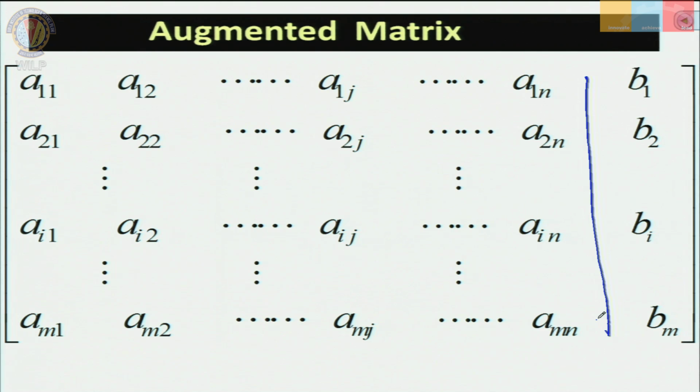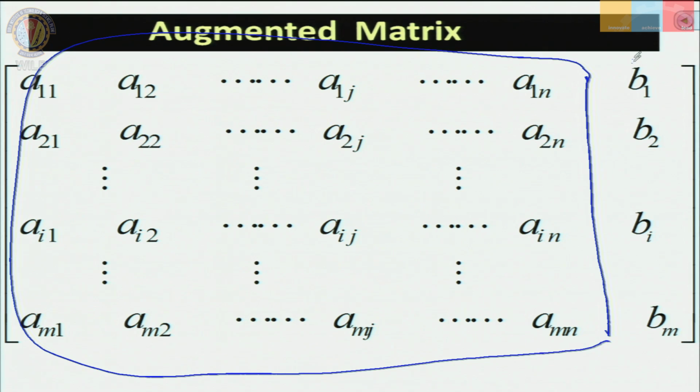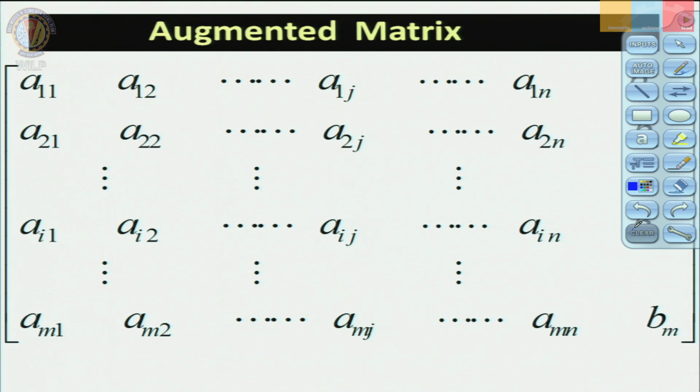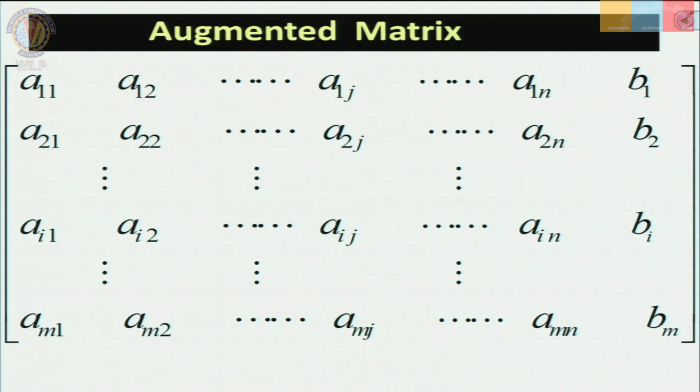To the left of the line is your matrix A and the last column is the matrix B. This is called the augmented matrix. So at this stage we know how to write a given system in the matrix equation form and how to find the augmented matrix.